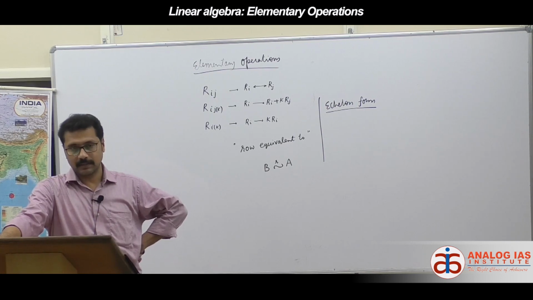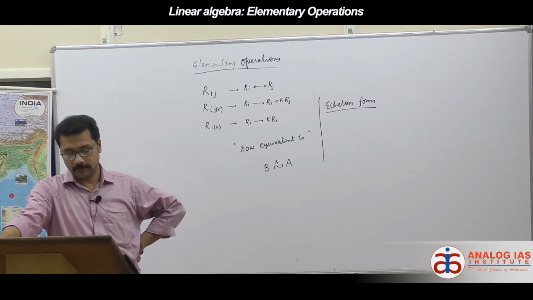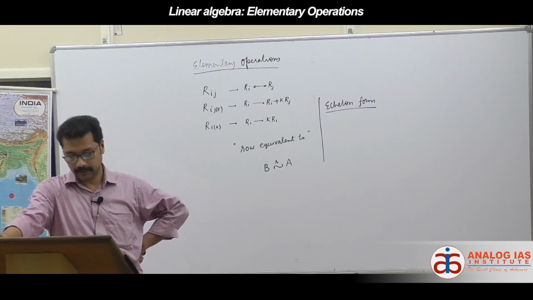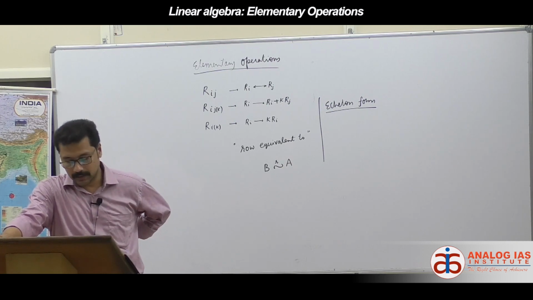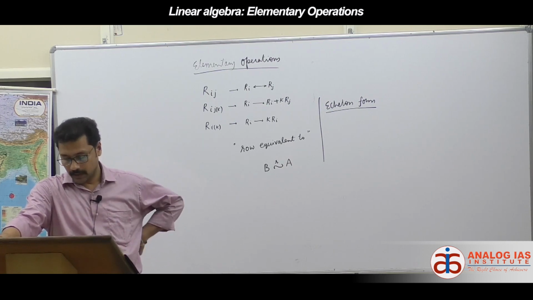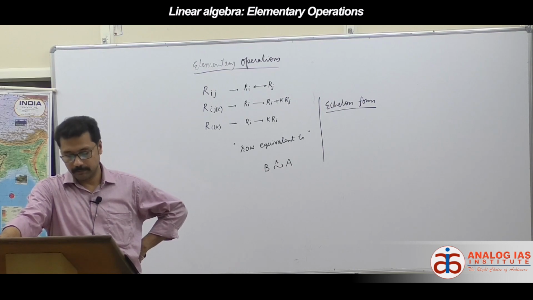Third point, the zero rows occur below the non-zero rows.